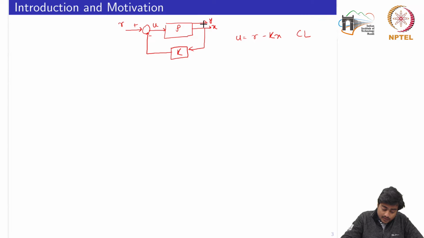We have only two external signals, by which I mean the signals which we can measure directly. So these two signals are the input signal and the output signal. So if I still want to design the state feedback controller without using the knowledge of the X, how can we do this?